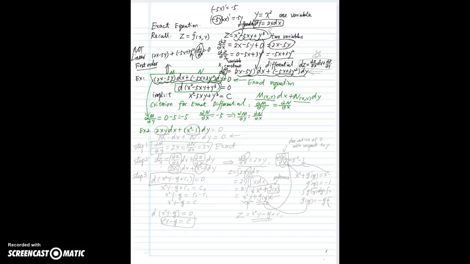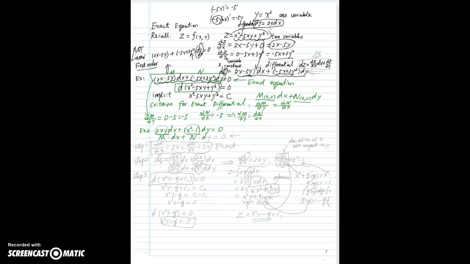The left side is a function, we call it M, times dx, plus another function called N, times dy, and equals 0. So this is a first order differential equation, but may not be linear.